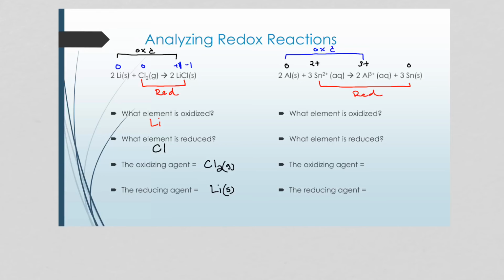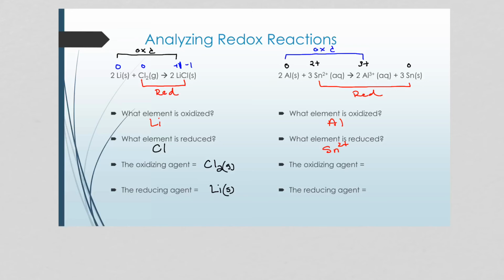underwent reduction. So the element that is oxidized is aluminum. The element that is reduced is the tin 2+ ions. So now the oxidizing agent, right, contains what is being reduced.